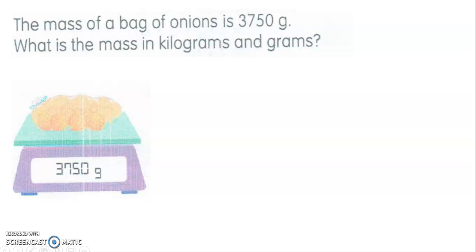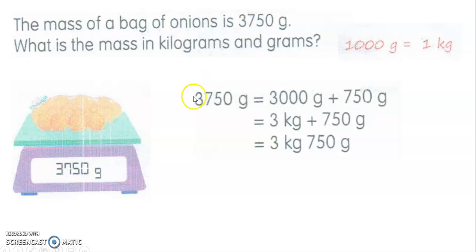So in order to do this, we need to know that 1000 grams equals 1 kilogram. So we need this in doing our calculations. So we say that 3750 grams equals 3000 grams plus 750 grams.